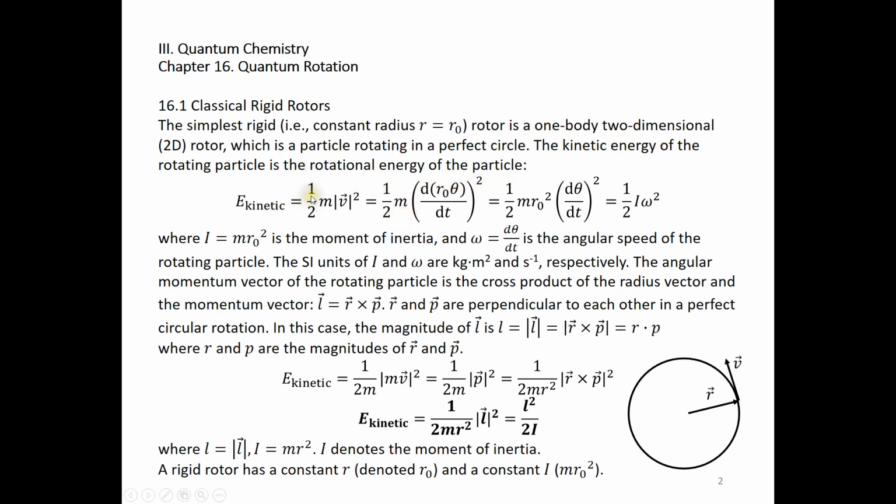Kinetic energy is half mv squared, and we have a circular motion, so the speed is r0 d theta over dt. R0 is the constant radius.